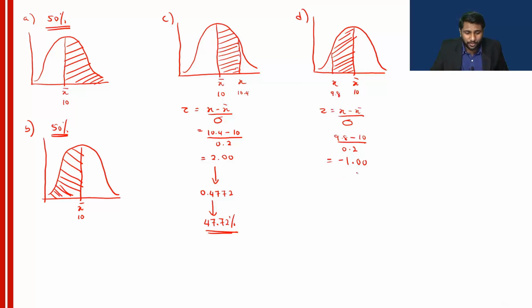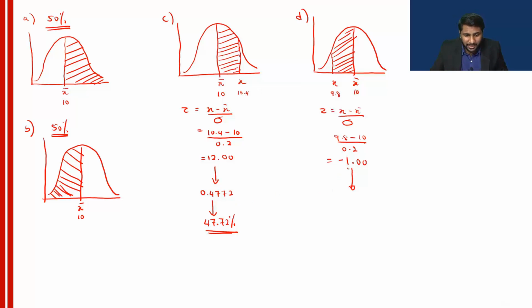Then what's the value you have for 1.00? Here you got a negative value, don't bother about that. If your z-score is positive, you are finding the probability more than your mean. Here your mean is 10 and the x value is after 10, so you are finding the probability on the right side of your mean.